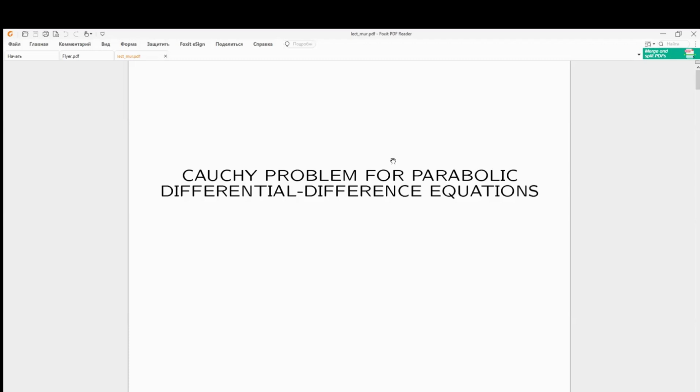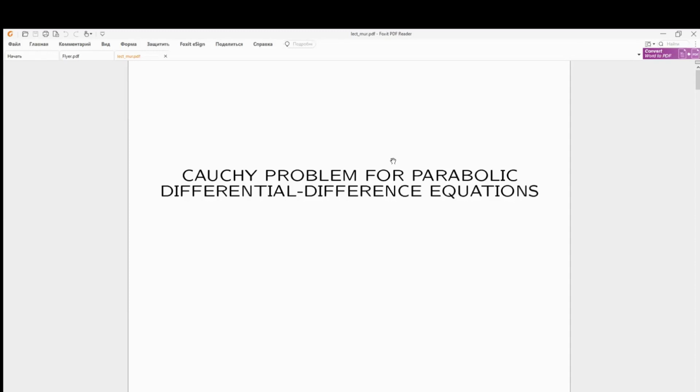When I was a student, there was a very widespread paradigm that mathematical physics is, in essence, the science of partial differential equations.